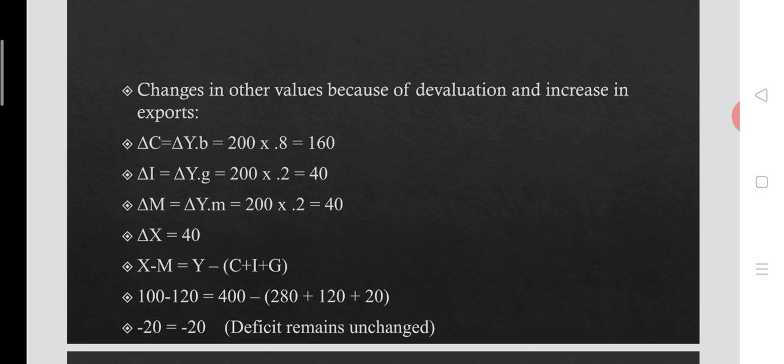Let's calculate that using the marginal propensity to consume and marginal propensity to invest.